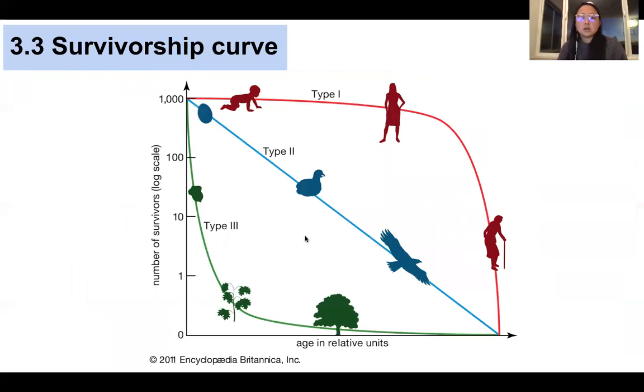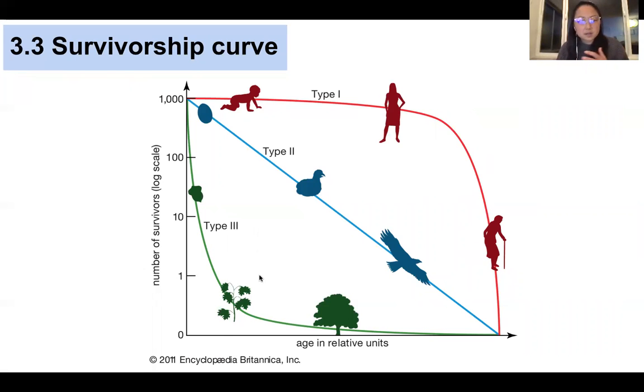I'll talk about the K- and r-selected species in a second, but remember, in those species we talked about the number of offspring that will survive into adulthood. So ecologists have found a way to categorize species by their likelihood to survive. They have categorized them as type 1, type 2, and type 3.